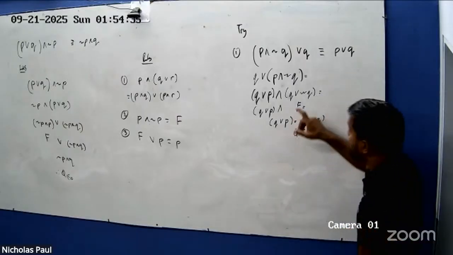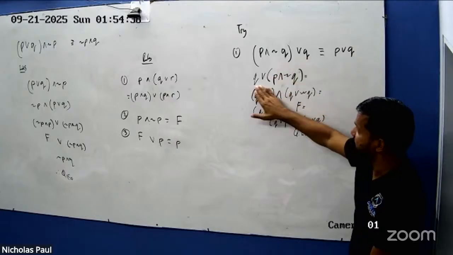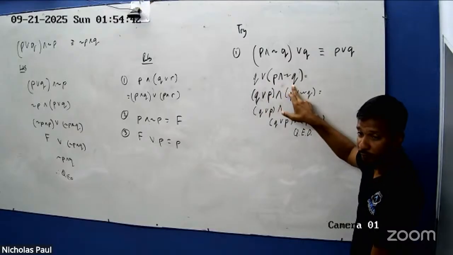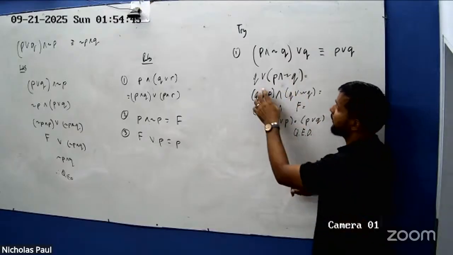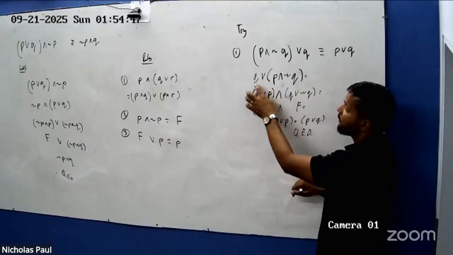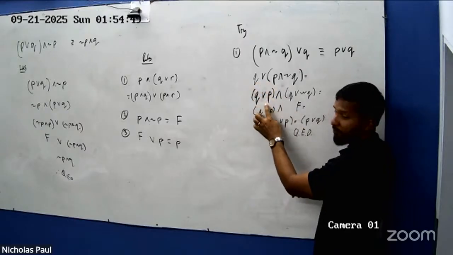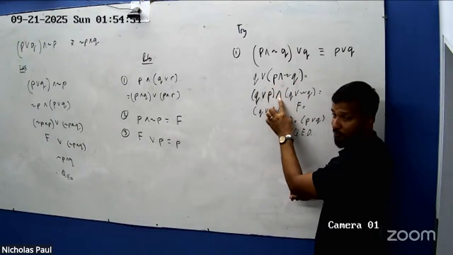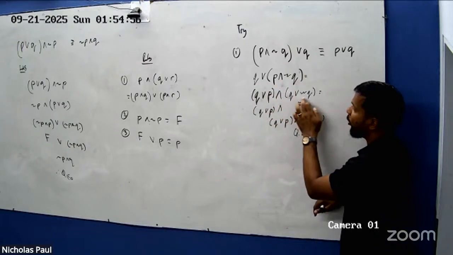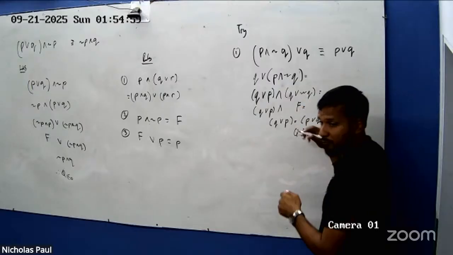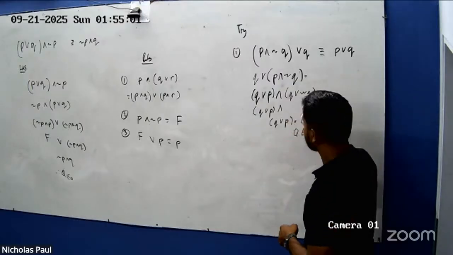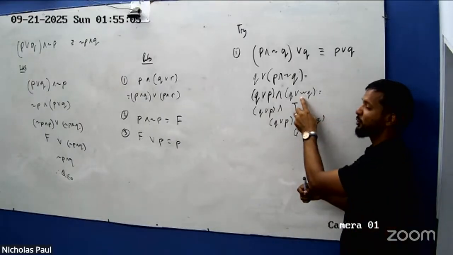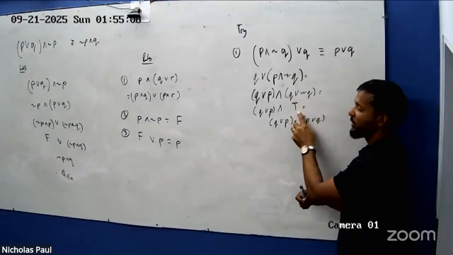So watch here. The first thing you did is switch it around. And then you expand this out. So P and Q, or P and negation of Q, with OR in the middle. What is Q or negation of Q? Olia, this is supposed to be true. Q or negation of Q is true.